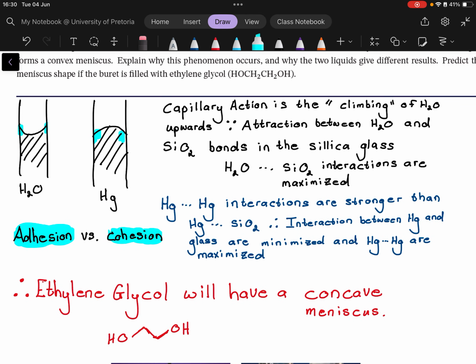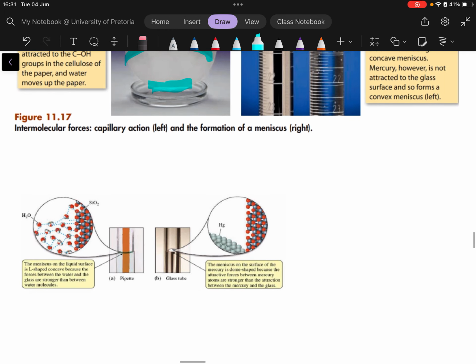It's essentially the climbing of water upwards, and it's because there is attraction between water and the SiO2 in the silica glass. So there are some H2O–SiO2 interactions, and these are maximized, meaning your H2O–SiO2 interactions want to occur. They don't really care about the water-water interactions.